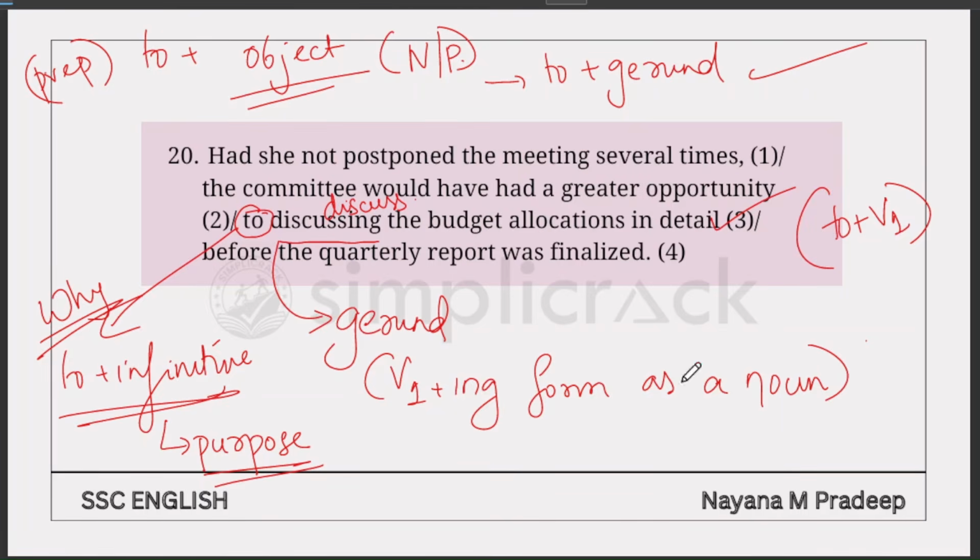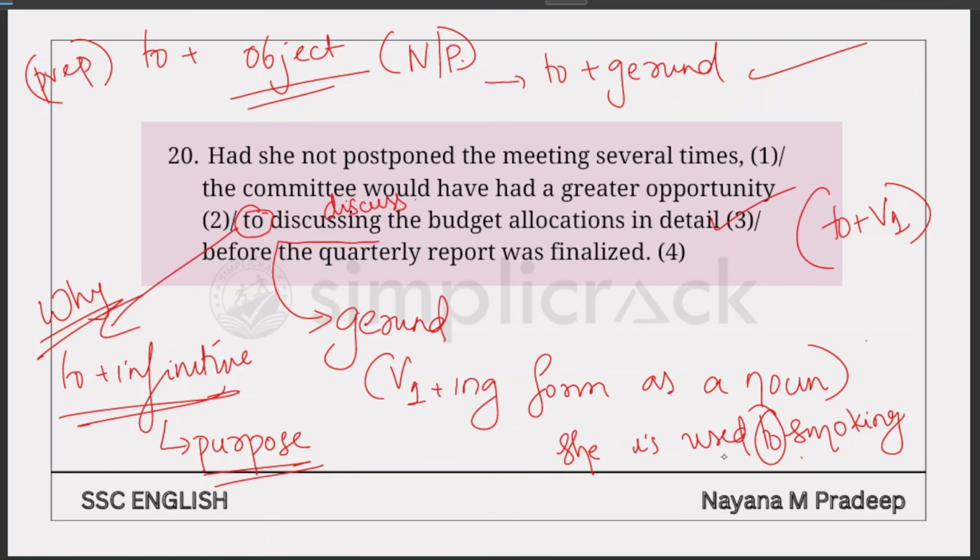Okay, I'll give you an example of using to as a preposition. For example, you can say, she is used to smoking. Here, to acts as a preposition. Why? Because we are talking about her habit of smoking.